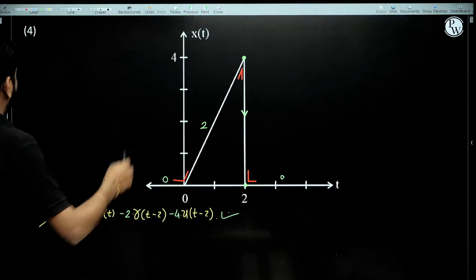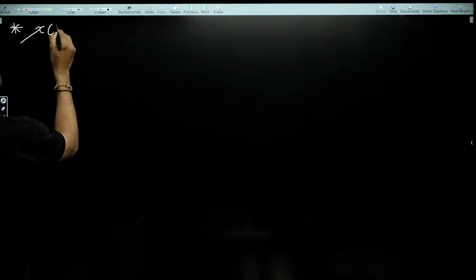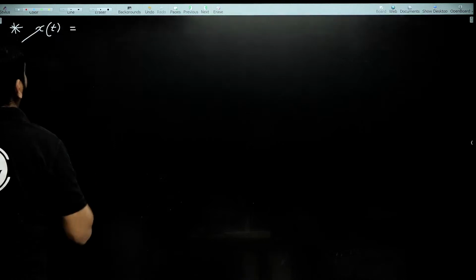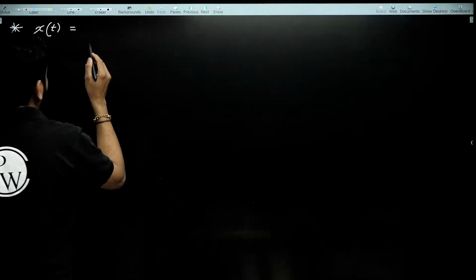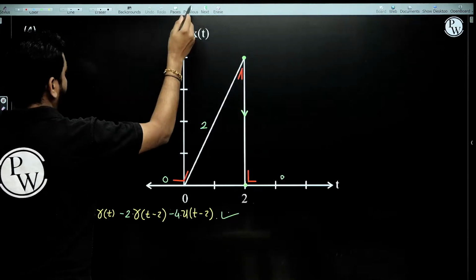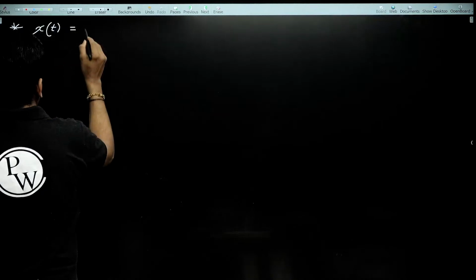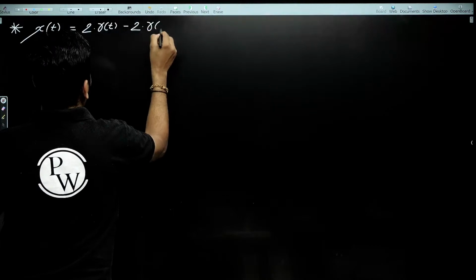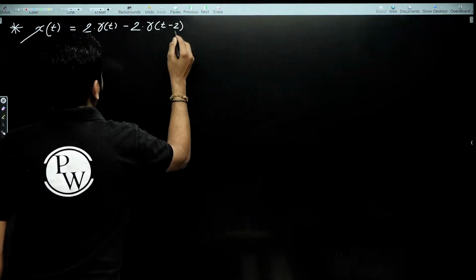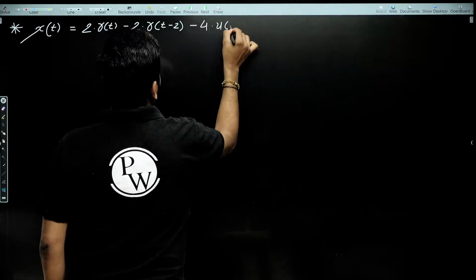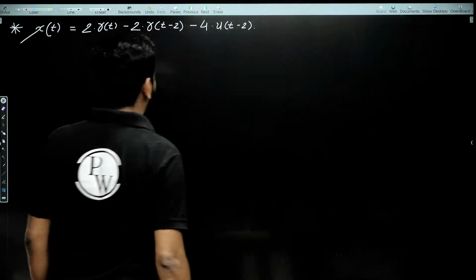Okay, now we got the answer. x of t is equal to r of t, 2r of t minus 2r of t minus 2 minus 4u of t minus 2.